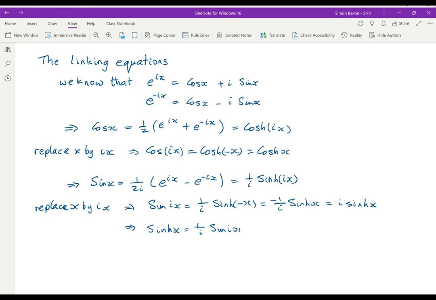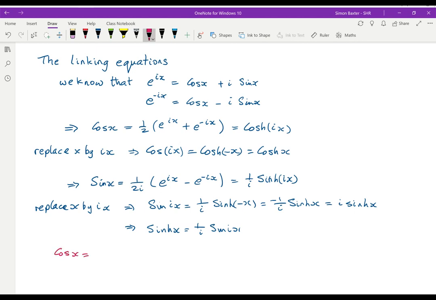This now gives us our linking equations, which are going to be that cos x, looking up the page, is cosh ix, and cosh x is cos ix.